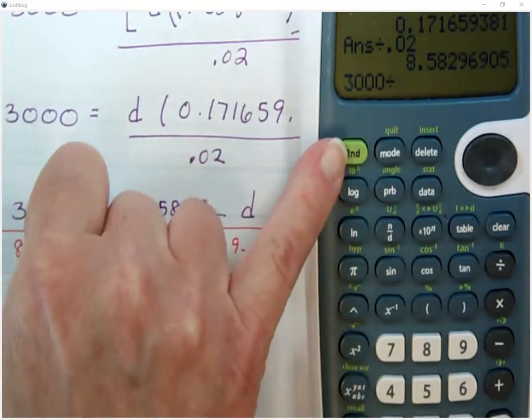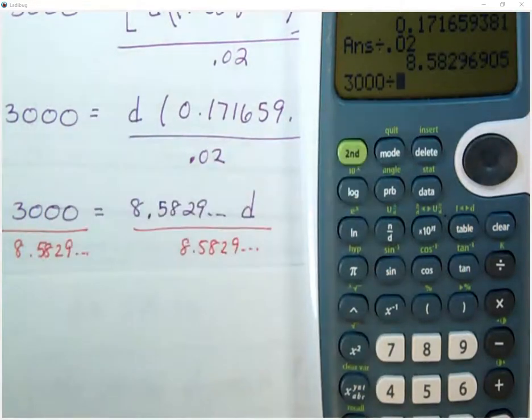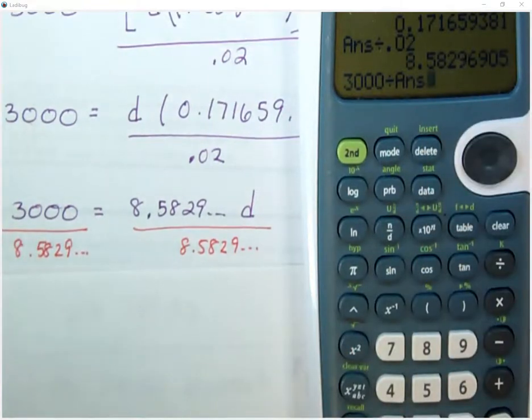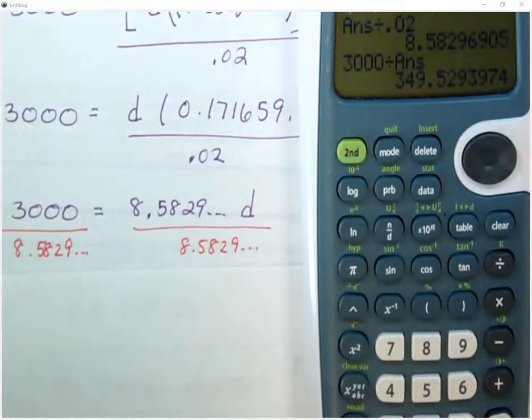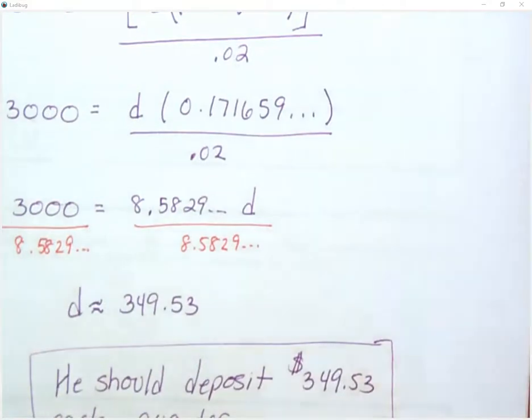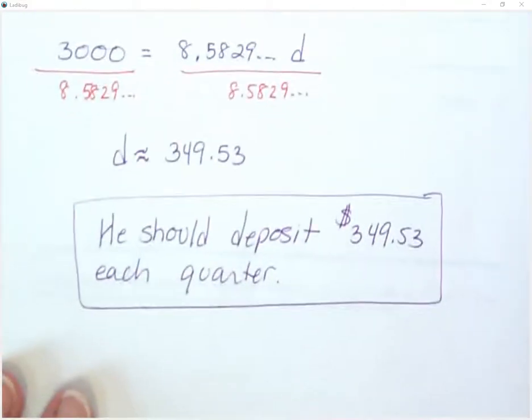So then I have divide by and then second answer to get this 8 point so on and so forth. And hit enter and you get $349.53. And then make sure you do write it in a sentence. So that's the answer for that classwork. We'll stop there for this set and start another video for the next.